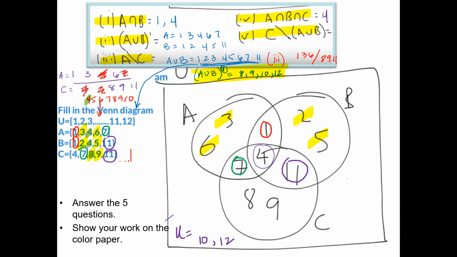And the next part, I have C with an A union B. So C is going to be 4, 7, 8, 9, 11. A union B, and we actually found that before because A union B is 1, 2, 3, 4, 5, 6, 7, 11.